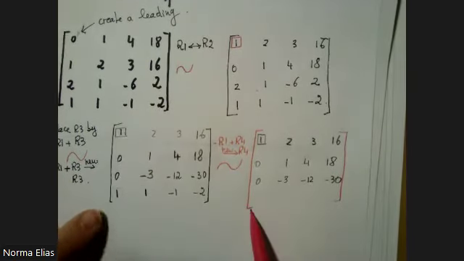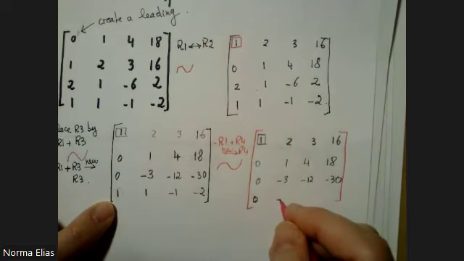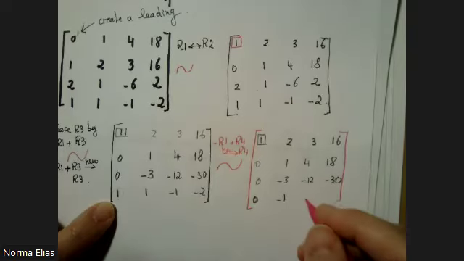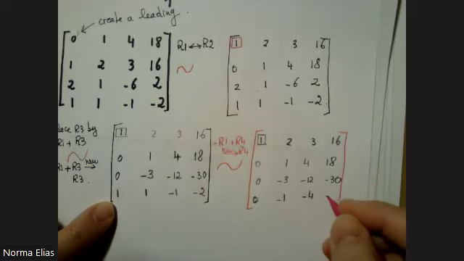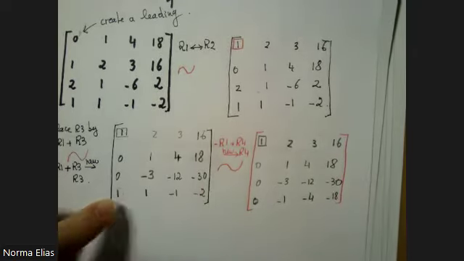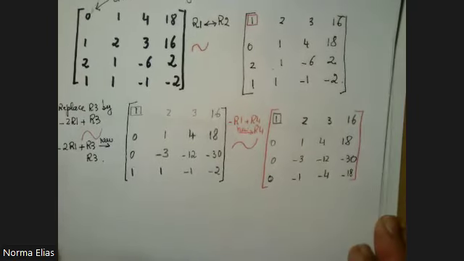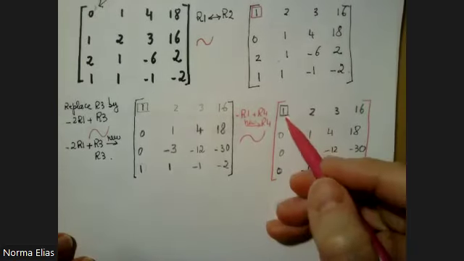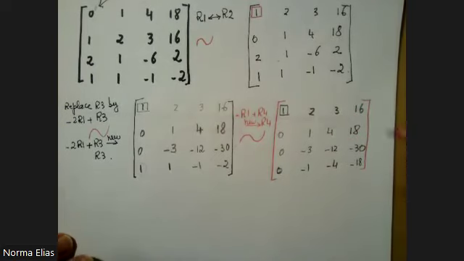And the only one I'm working with is this last one. -1 plus 1, that's a 0. -2 plus 1, that's a -1. -3, -1, that's a -4. -16, -2, that's a -18. Okay, as I said, I tend to make some very simple computational mistakes. Just feel comfortable to correct me if I do. Very good. Now I'm done with the first leading one. That's a 1. Everything below it is a 0. And then what do we do after that?